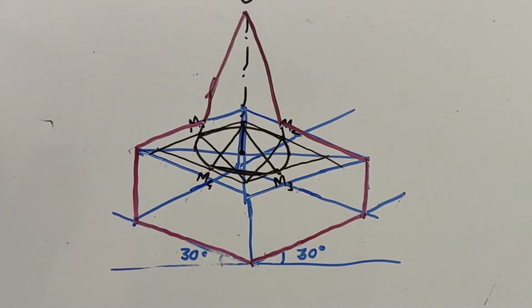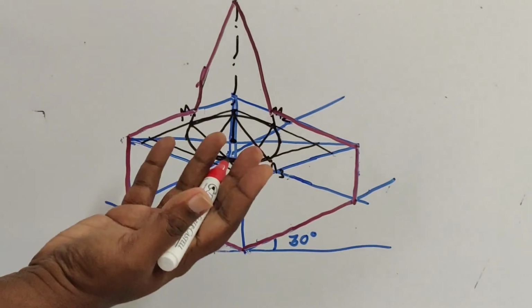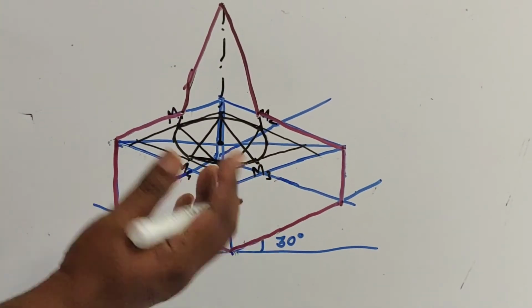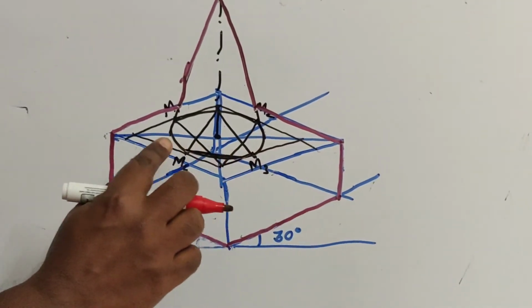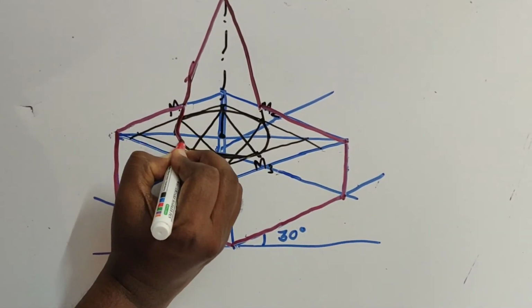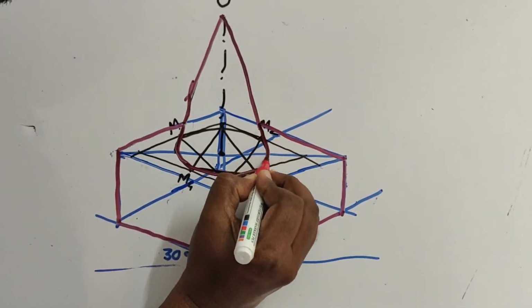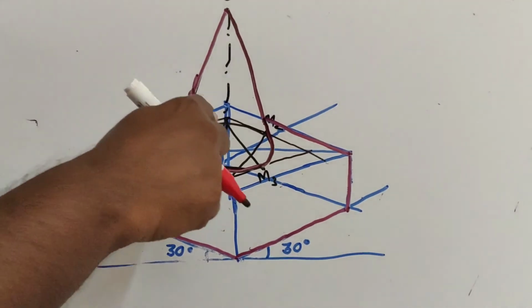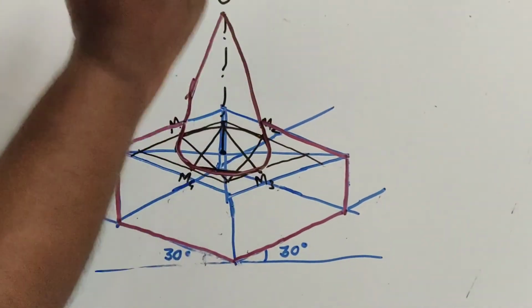Okay, now the remaining visibility. So you are keeping the solid in this manner. Whatever be on top of this particular surface will be visible. So the outer portion of the cone will be visible. The other part will be invisible because that will be hidden by this particular surface.